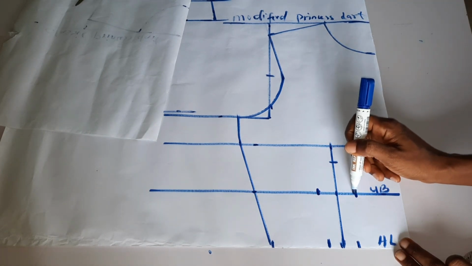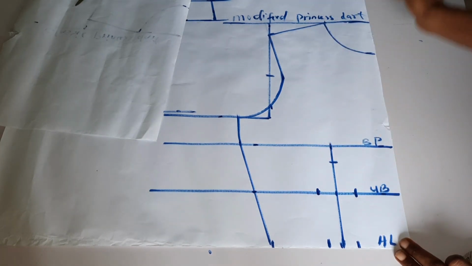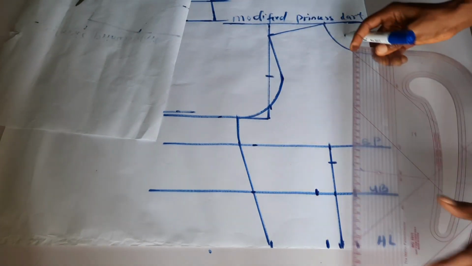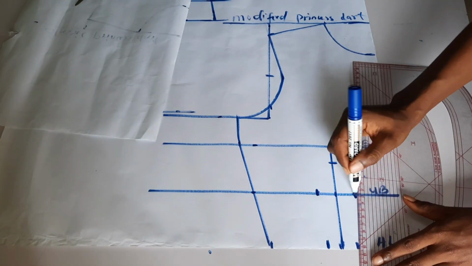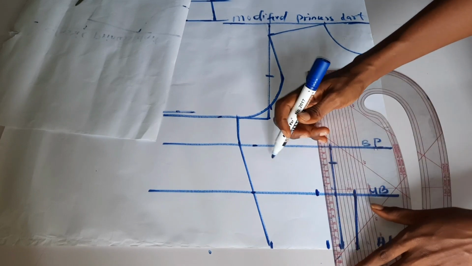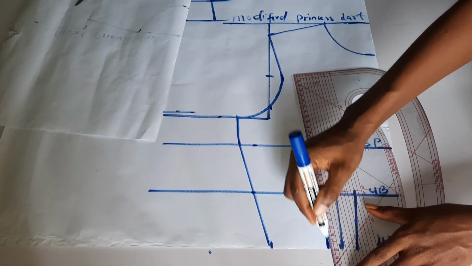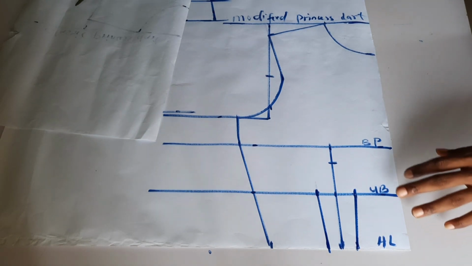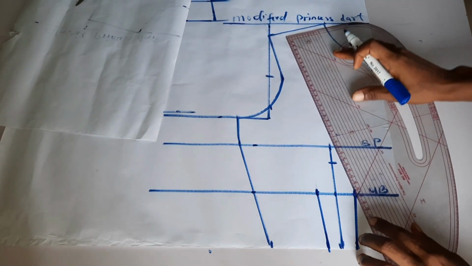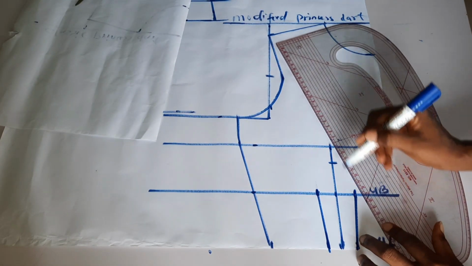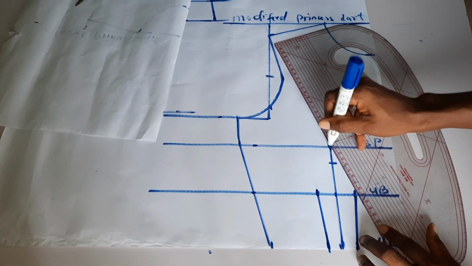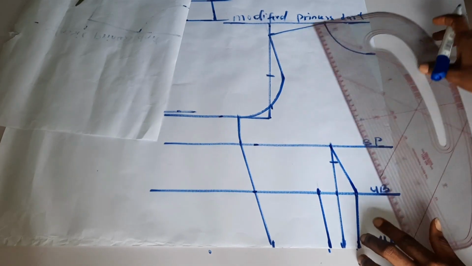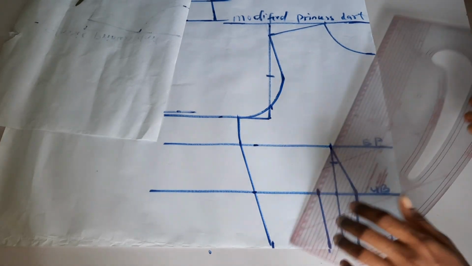That was why I did 1 inch on this side and 1 inch on this side. So I'm going to bring in my ruler now, and I will connect this to this and this to this, and then from this point to this point.